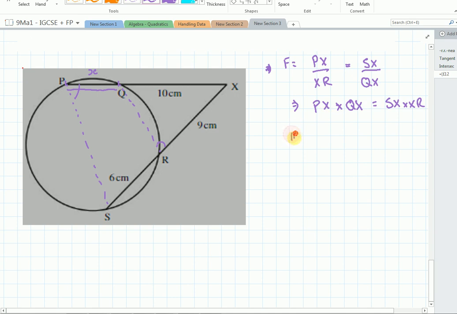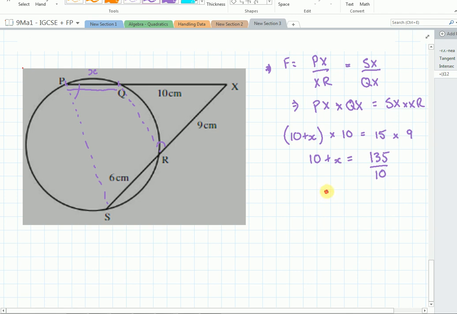PX is 10 plus x. I want to multiply it by QX, which is 10, is equal to SX, which is 15, times XR, which is 9. So when we rearrange this, we get 10 plus x is equal to 135 divided by 10.